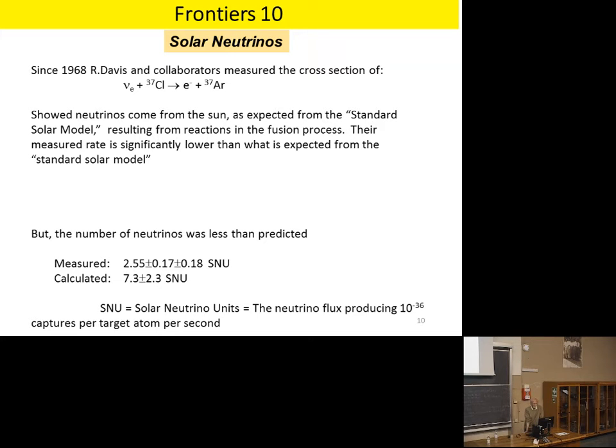But the first experiments were developed to try to see neutrinos from the sun. And the first important one was done by Davis and collaborators in the 1960s. And they looked at this reaction, which I show at the top, a neutrino interacting with chlorine-37. That's basically cleaning fluid that you buy in the drugstore. And it makes an electron and argon-37.